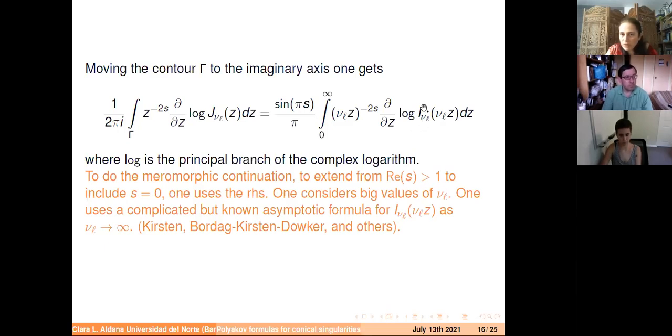And here we have not the J function, but the I Bessel function. And for making this meromorphic continuation, one uses some asymptotic expansion for big values of this order for this I Bessel function. So this is similar to what Kirsten, Ward and Kirsten and Doppler have done.